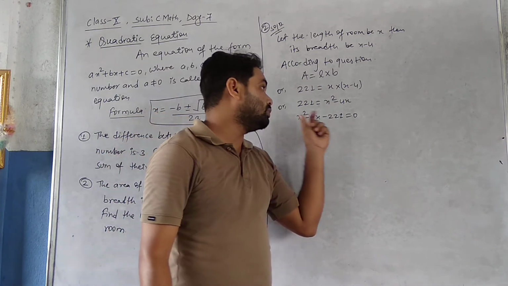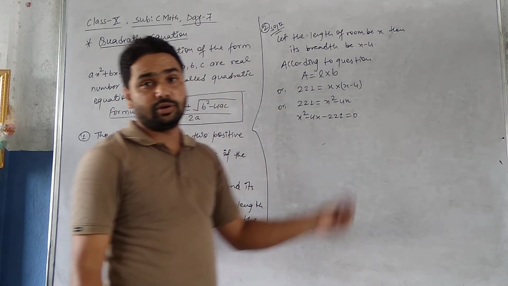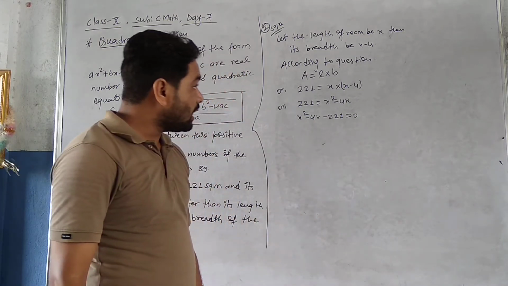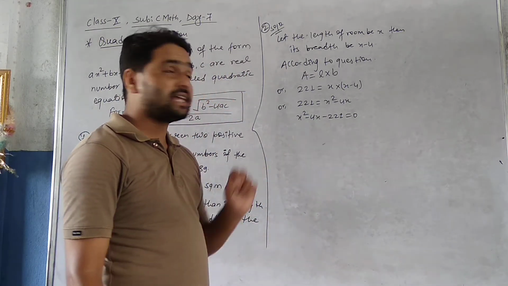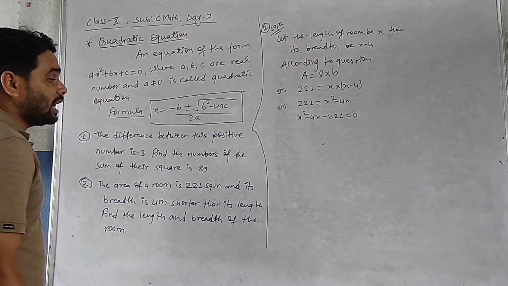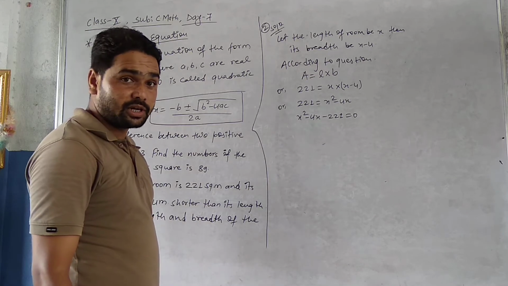Now that means in x square there is no constant multiplier, so no need to multiply, and we just have to look at 221. We do not have an easy factor pair for 221 with a minus sign and 4, so it is a bit difficult for us.